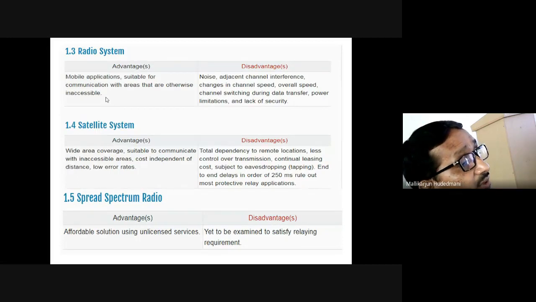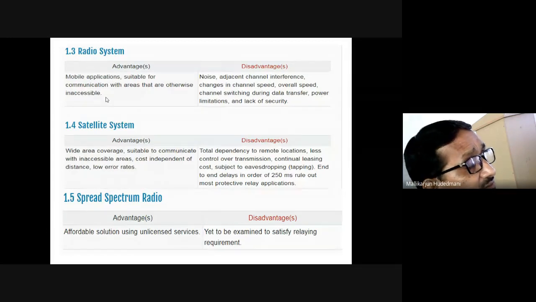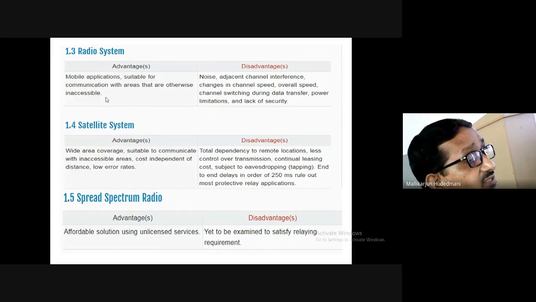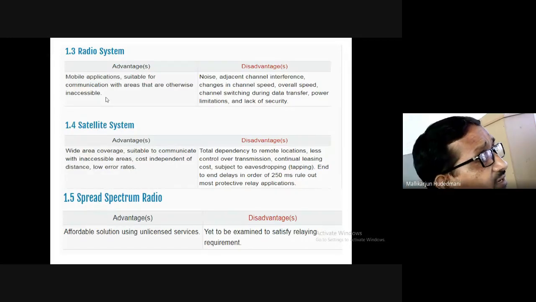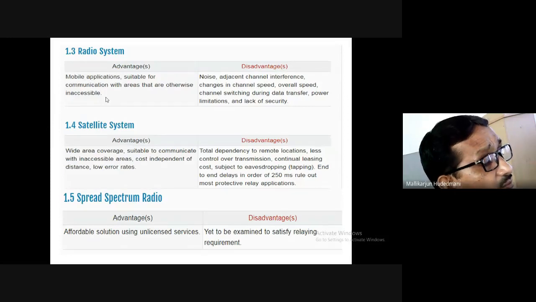It requires a lot of power and charging of batteries, and there is a lack of security, because people can attack the particular frequency band, trap your information, and induce data into your system to make your system affected. This is the walkie-talkie concept you can imagine here, and it is very useful for the maintenance wing or a troop of people communicating from one operating point to another.